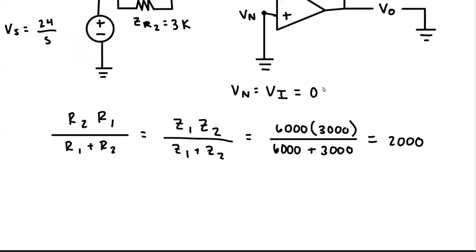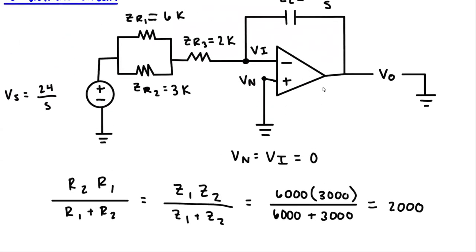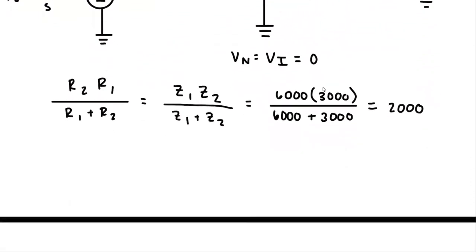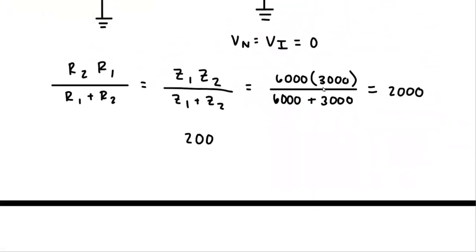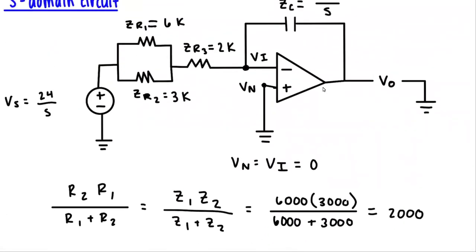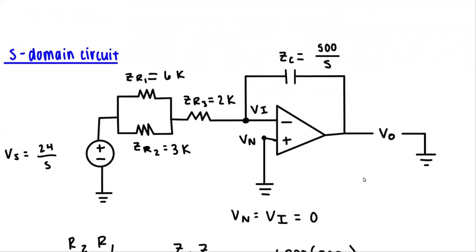Now, knowing these two impedances are in series with the third resistor, we can just add the impedance that we found for the parallel ones to the impedance of the third resistor. So we have 2,000 plus 2,000, and we get an overall impedance of 4,000 for these three resistors. Now that we have found this overall impedance, we can begin to perform the nodal analysis, or KCL, at Vi to find Vout.